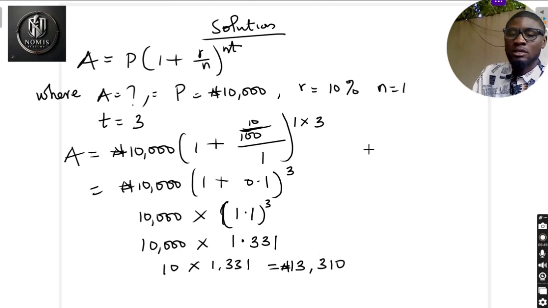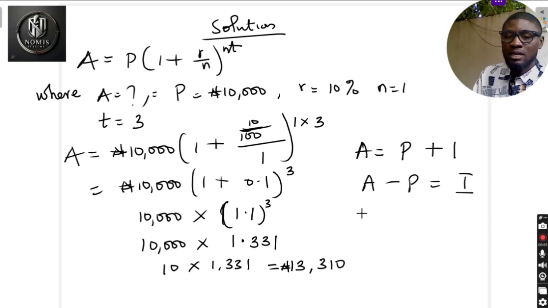So remember that A equals P plus I. So for me to get this I, it becomes A minus P equals I. That's the compound interest. And the A is 13,310 minus the P, which is 10,000.